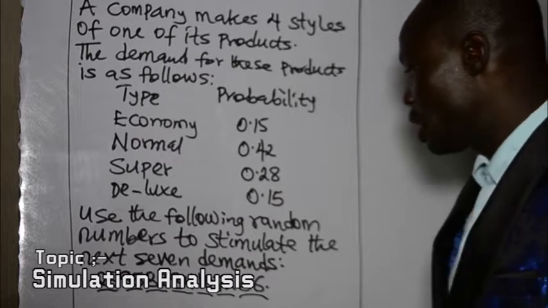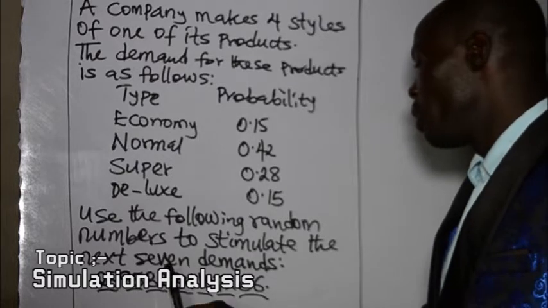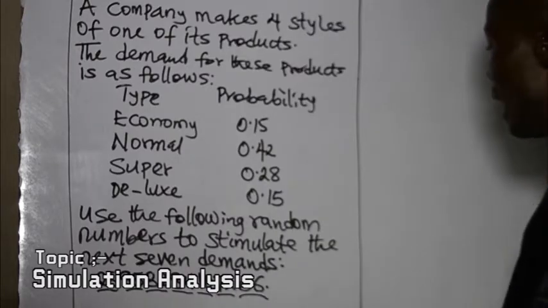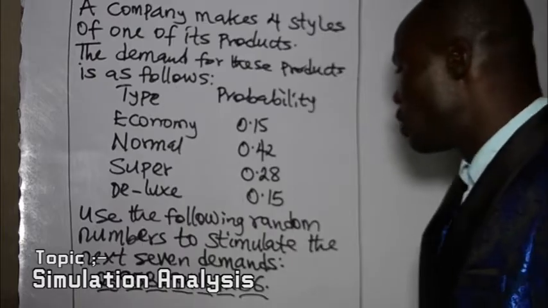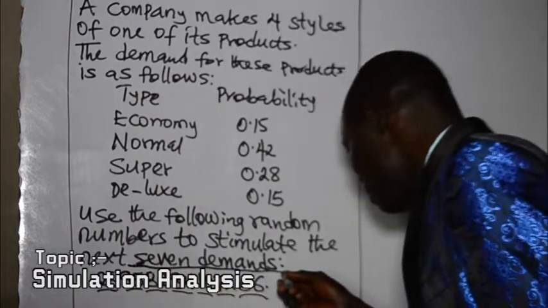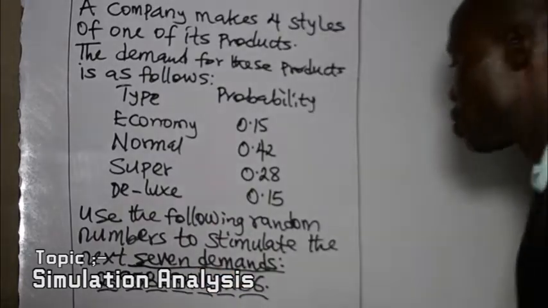If you count them, how many random numbers altogether? 1, 2, 3, 4, 5, 6, 7. That is why you were asked to simulate the next 7 demands. Now, solution.